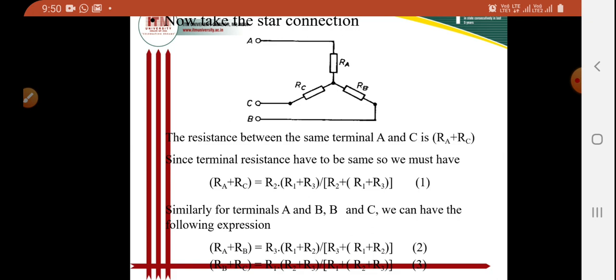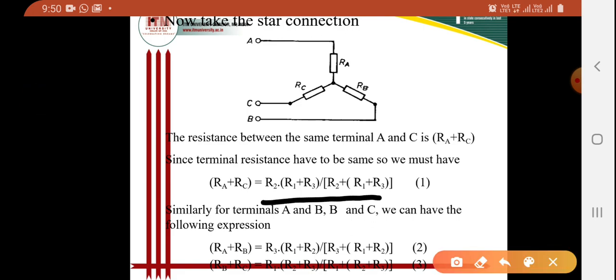If you are considering delta connection and star connection, when we calculated RAC for the delta connection, we found that the equivalent resistance is R2 whole into R1 plus R3 divided by R2 plus R1 plus R3.